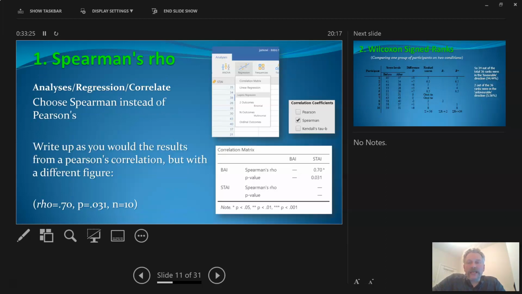So again, to do this in Jamovi, on the top menu, click on regression, and then you'll see you've got a variety of different tests, and we would just choose the correlation matrix. You see a variety of different options appear, but the ones that we're interested in: Pearson's is selected by default, and so we'll just click Spearman's and it'll run the Spearman's rho analysis for us.